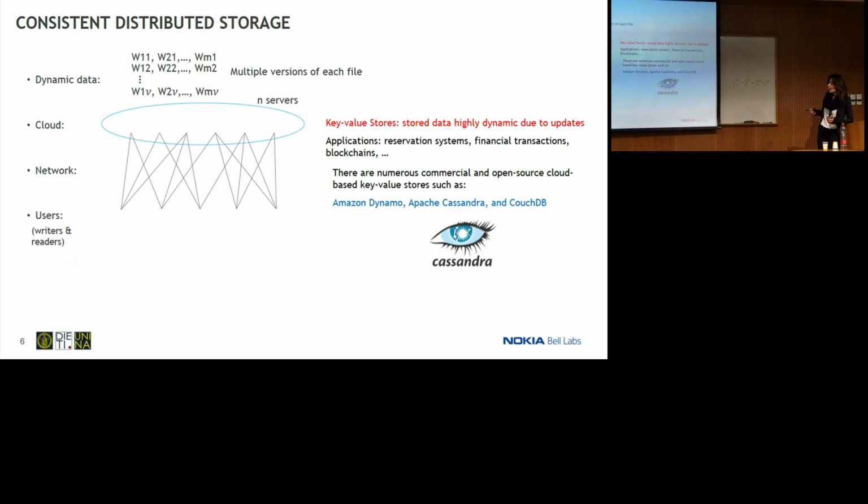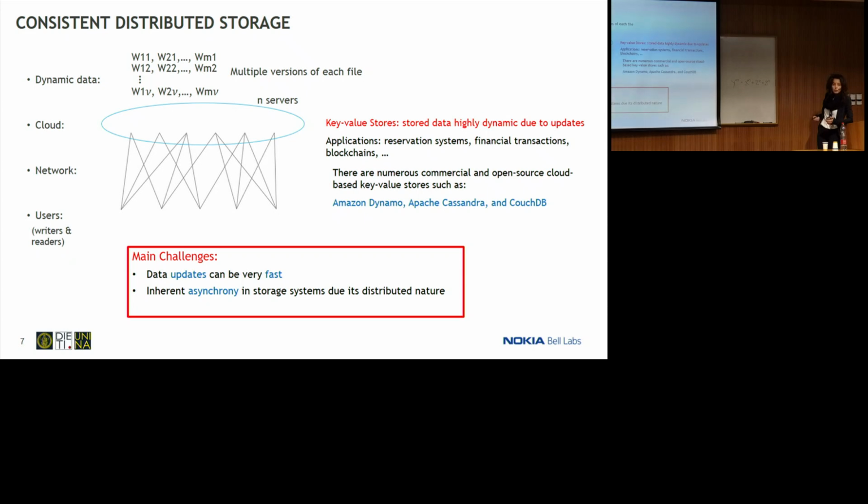This implies, for example, that the same file could be characterized by its multiple versions. For example, here in the slides, a generic file is characterized by up to n possible different updates. Now, in this context, some new challenges need to be considered, which have not been taken into account in the traditional study of distributed storage in the static setting.